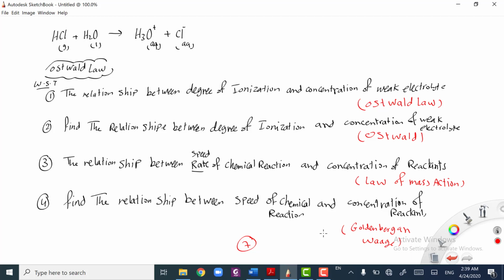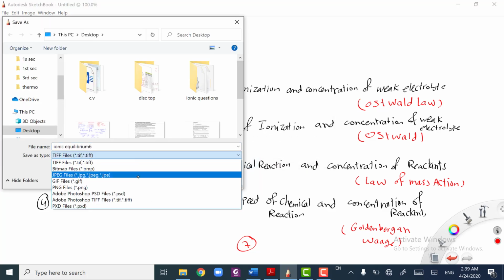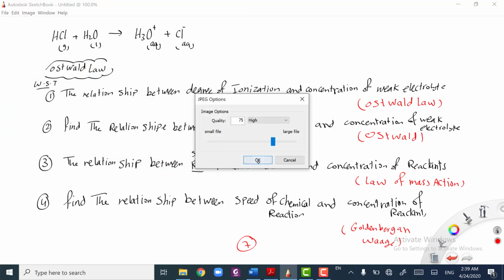So we must take this very important derivation into consideration. Take care, students of Al-Azhar, derive Ostwald law.